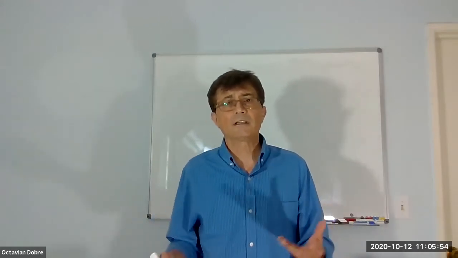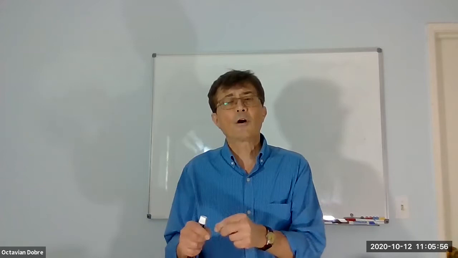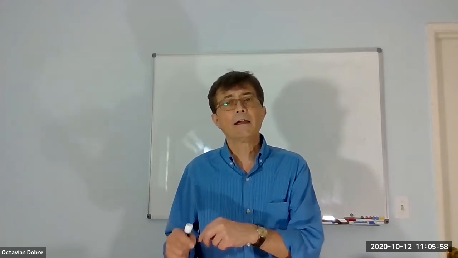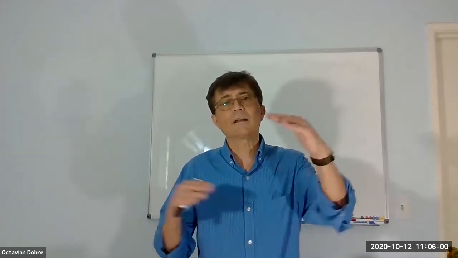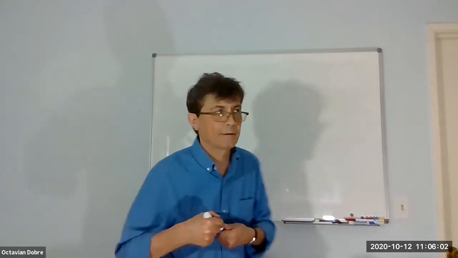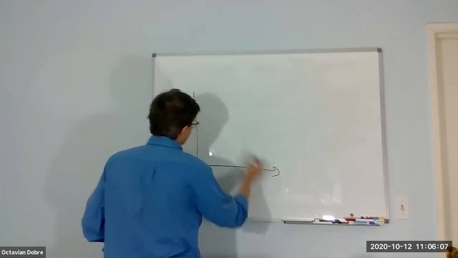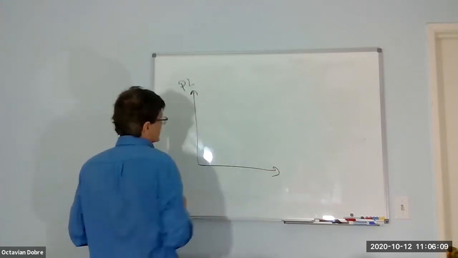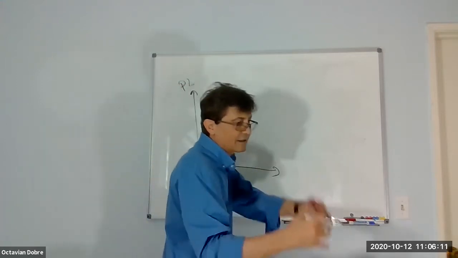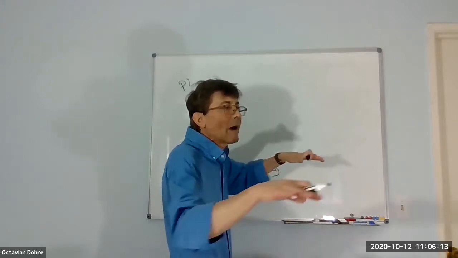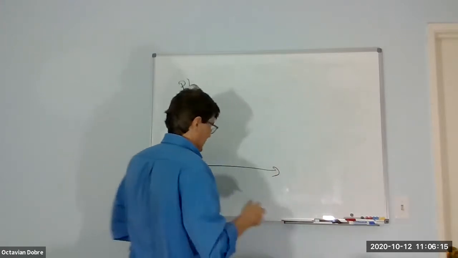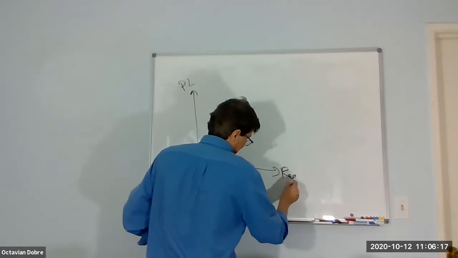Aggregate supply looks at how much firms are willing to supply at each and every price level. Whatever the prices are, how much they're willing to supply. And basically, again, here are the prices, price level. Again, we're not talking about the price of a single good. We're talking about a price level in the economy. And here's real GDP.